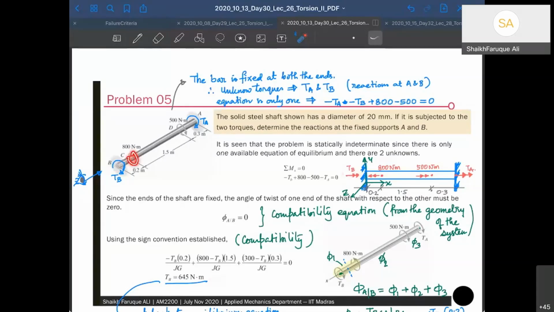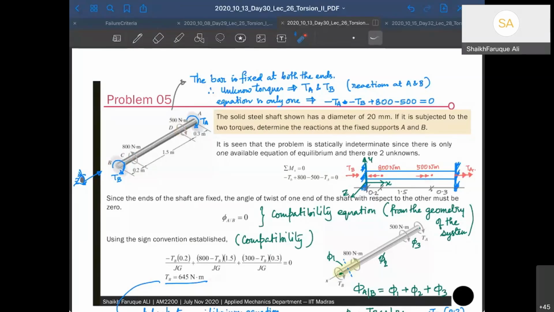TC, 800 Newton meter, is opposite to TB, so if TB is negative, then TC has to be positive. Similarly, D is opposite to this TC, and therefore that goes negative on this side. So the direction changes, and TA is along the direction of D, so it should also be along the same direction. All right, clear?